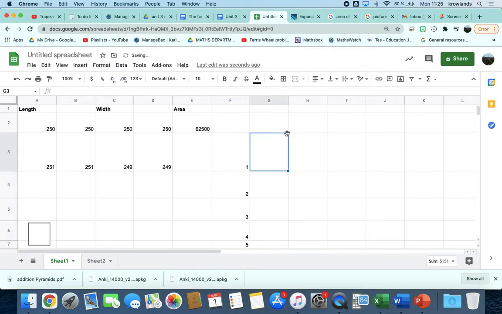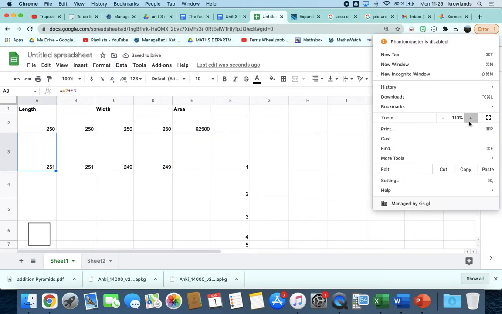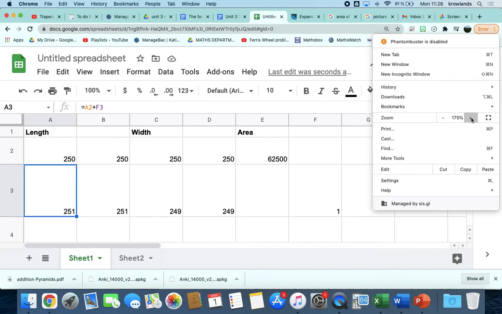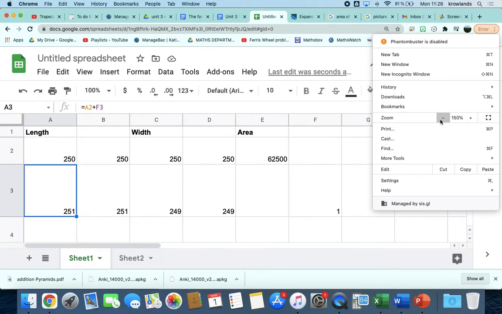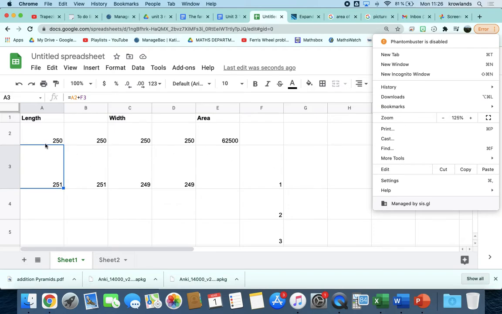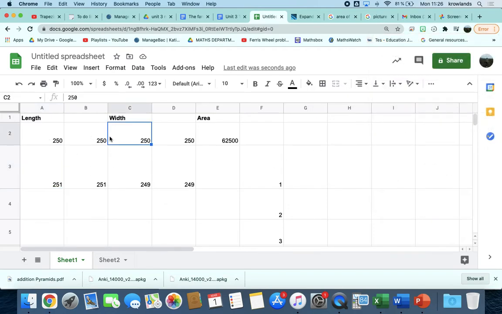Now the equation we need to actually do is the following. We're going to keep comparing to our original numbers, and our original numbers are going to be 250, 250. I'm going to highlight these in yellow. So for the first one, we're going to refer to our original number, A2.